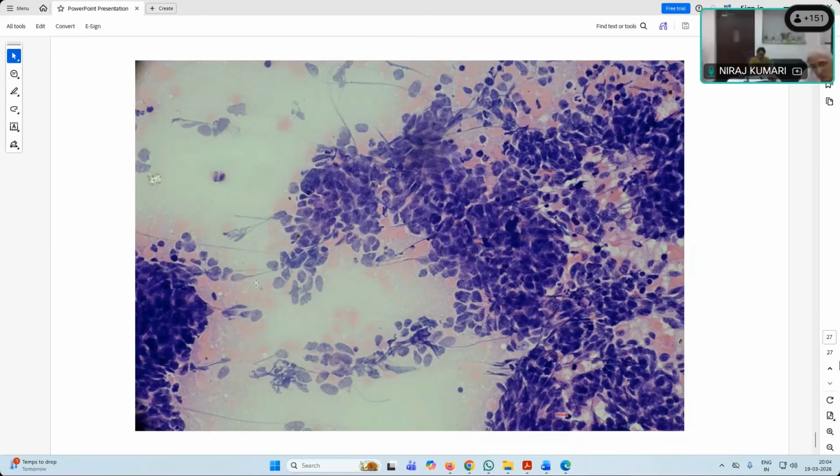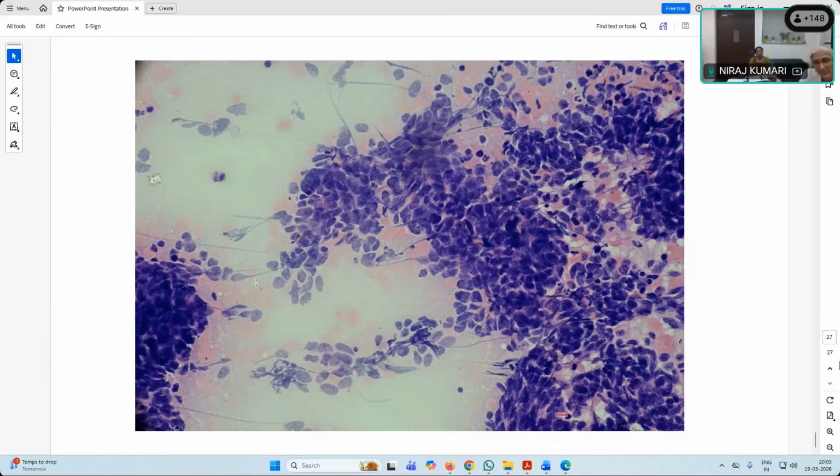If you want to have more than one differential, maybe it doesn't fit here, but even if you're not sure and you write it, you say what markers you will do to confirm or exclude either your small cell or your squamous cell. But again, in the absence of cytoplasm and all, I don't think you should think of squamous cell.